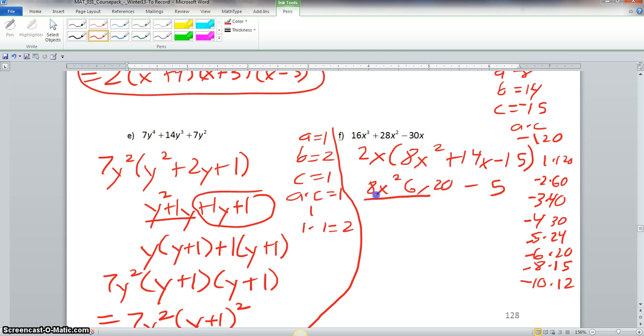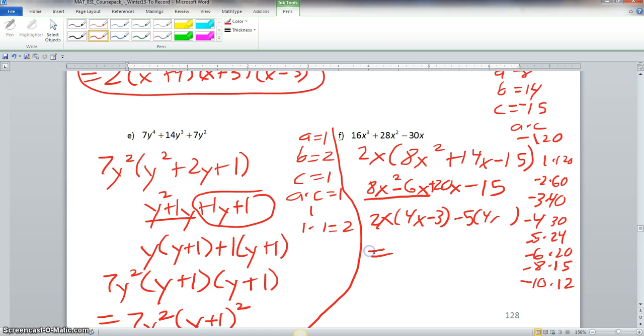We group the first two terms, and we can factor out a 2x, and we will have 4x minus 3. Then we group the second two terms. We could factor out a positive 5, and we will have 4x minus 3.